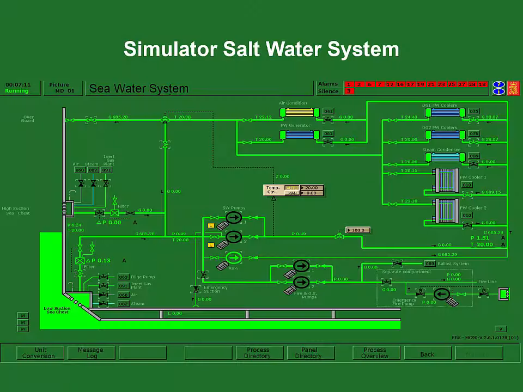This slide is a representation of the Kongsberg saltwater system. In modern design, it is dictated that the saltwater cooling system is minimized to reduce system maintenance. On the old vessels, saltwater systems were probably 35% of our maintenance.